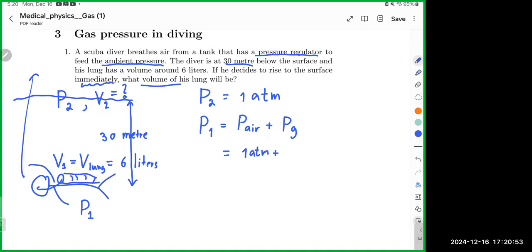And P gauge you can find from rho g h. In this case, 1 atm I approximated as 10 to the 5 Newton per meter square. I will give you the exact value of 1 atm when you have to deal with this in the exam, okay?